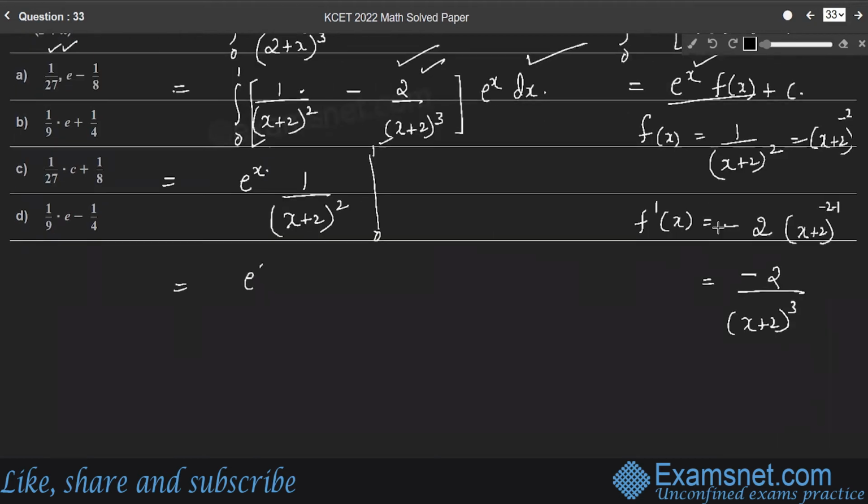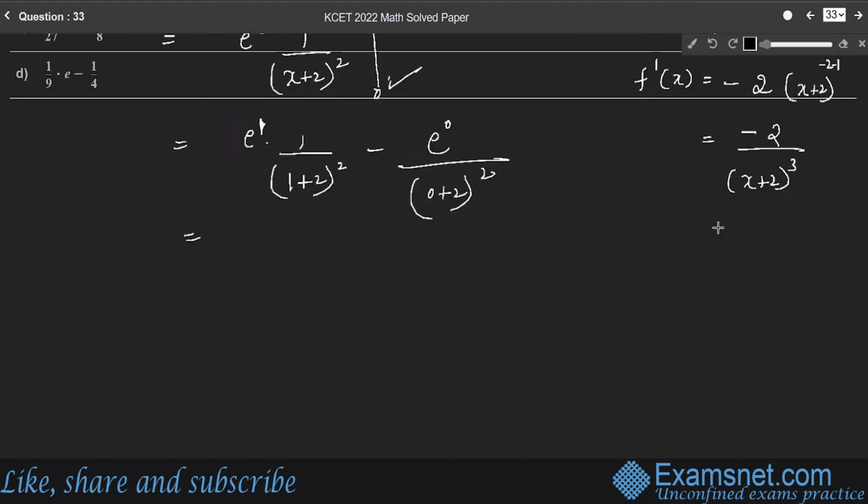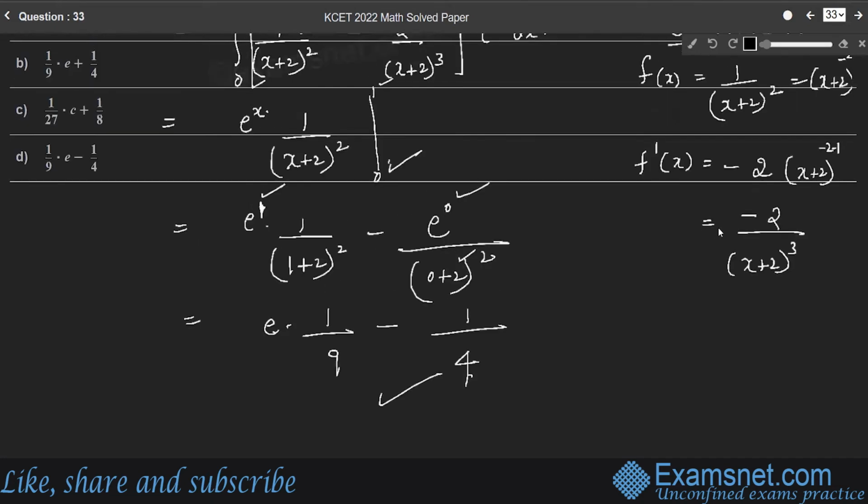So e raised to 1 into 1 by (1 plus 2) the whole square, minus e raised to 0 divided by (0 plus 2) the whole square for the lower limit, right? Which is nothing but e raised to 1, 1 by 3 square is 9, minus e raised to 0 is 1, 1 by 2 square is 4. Therefore, e into 1 by 9 minus 1 by 4 is the final answer.